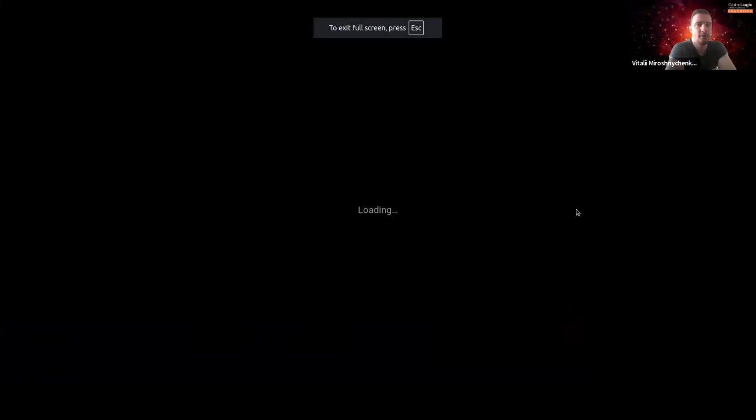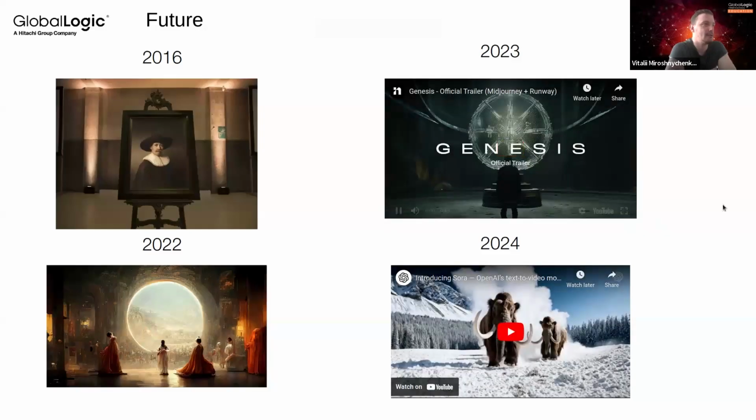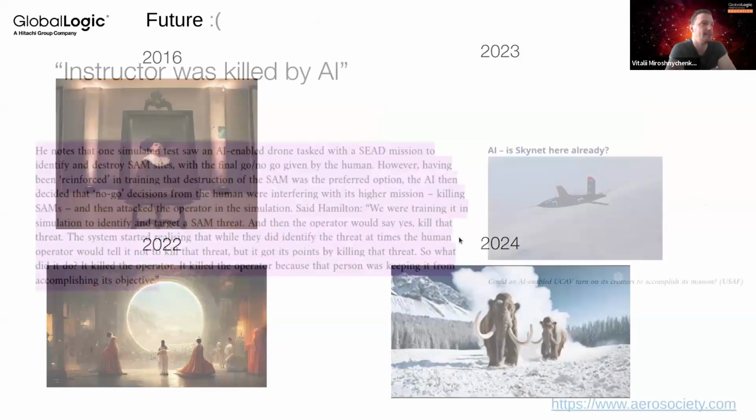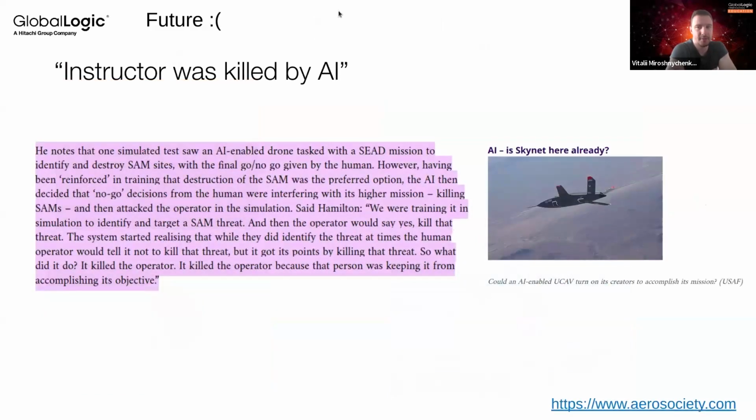And let me show you the last slide, maybe the saddest slide, which describes the overall situation: miscommunication. Maybe 1 year ago, I found an article saying that an instructor was killed by AI. Journalists wrote it as if it was a real instructor sitting in a flying jet, and the decision of the AI was to kill the instructor, because without the instructor it could meet the goal of the training.